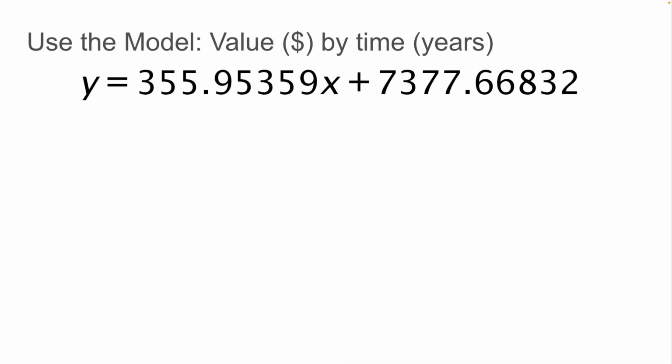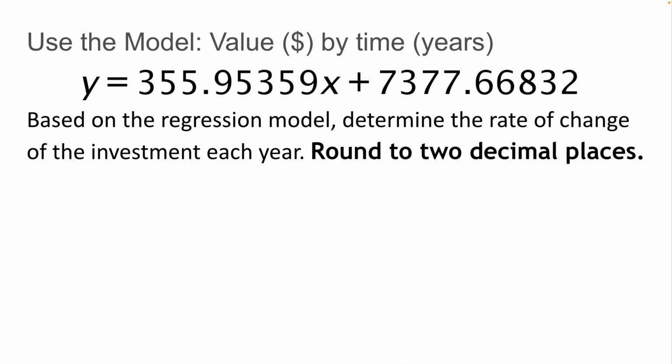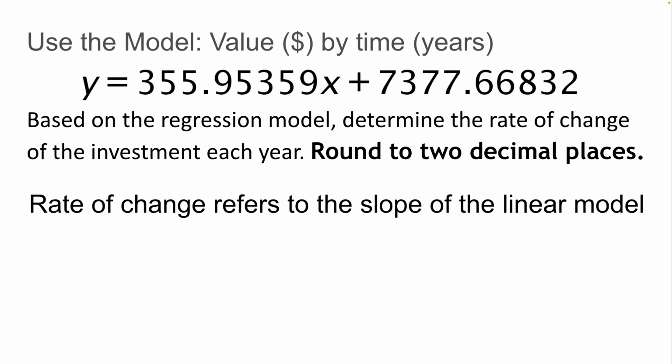Let's take a look at another question. This question says, based on the regression model, determine the rate of change of the investment each year. Round to 2 decimal places. In this case, we need to remember that rate of change refers to the slope of a linear model.